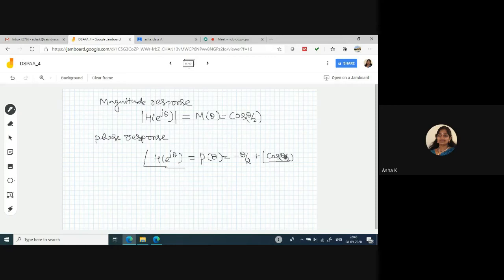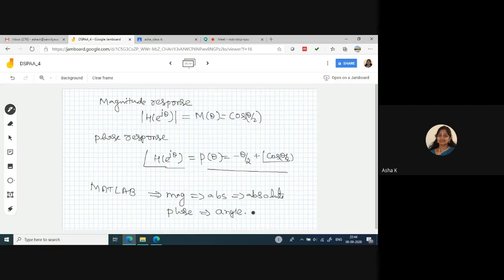So we take the different angles of cos of theta by 2 for theta in radians, add these two things, and obtain the phase response. In MATLAB, for the magnitude response we use the command ABS, that is absolute values, whereas to calculate the phase we use the command called ANGLE.